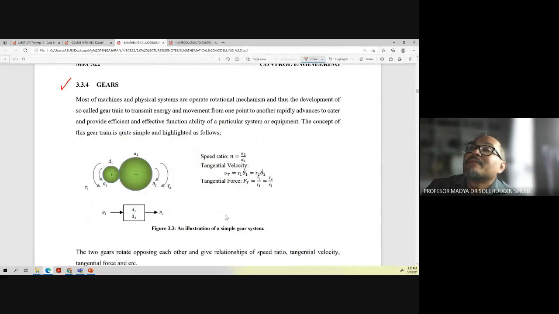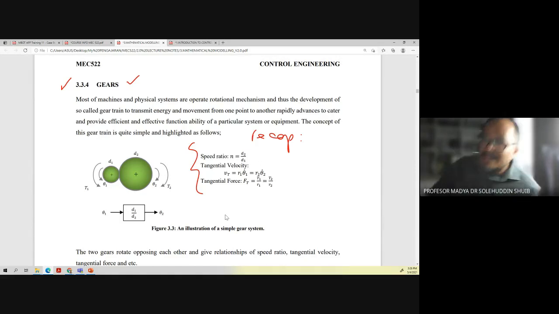Nampak sini ya, we have here, okay. This is just a recap of what you have learned before. We have the definition of speed ratio, okay, d1 divided by d2, and this is speed ratio. And then you also have tangential velocity here. Okay, so how to find tangential velocity? We have vt equal to r1 theta dot 1 equal to r2 theta dot 2.